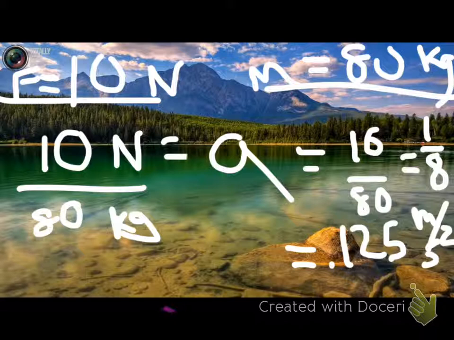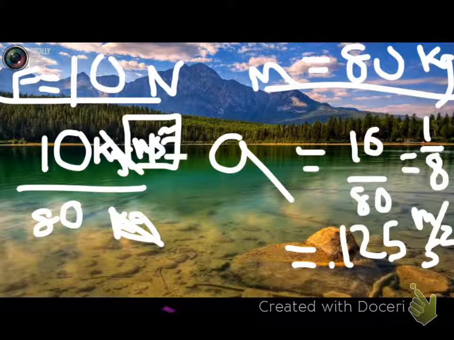That's just because a Newton is a kilogram times meters per second squared. So the same reason that the variables cancel, the units cancel, and that's going to leave us with this nice meters per second squared, which is the same thing we get over here. So acceleration here equals 0.125.